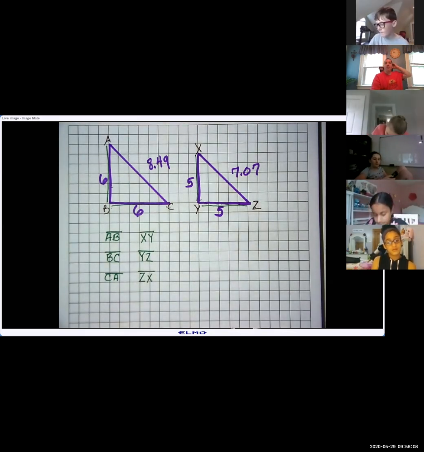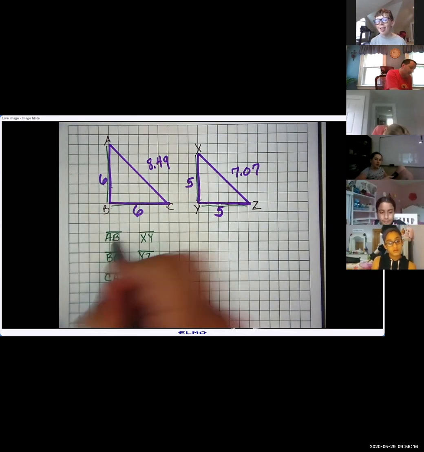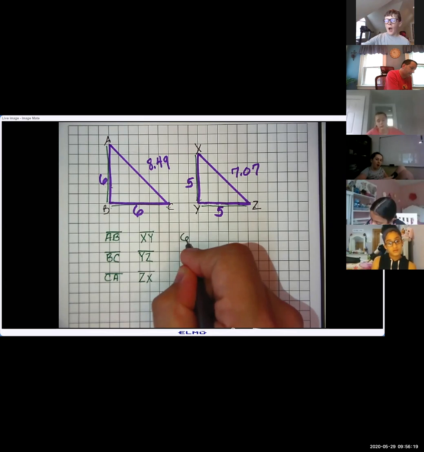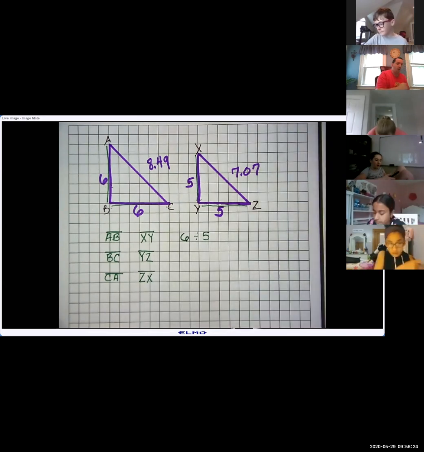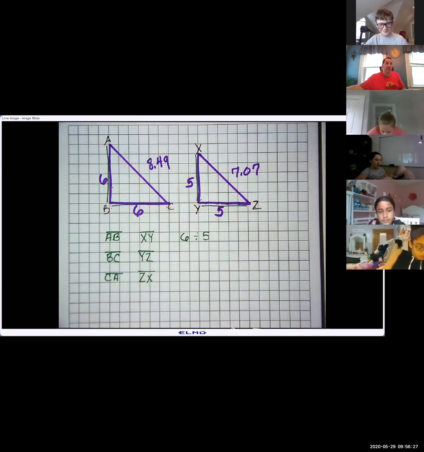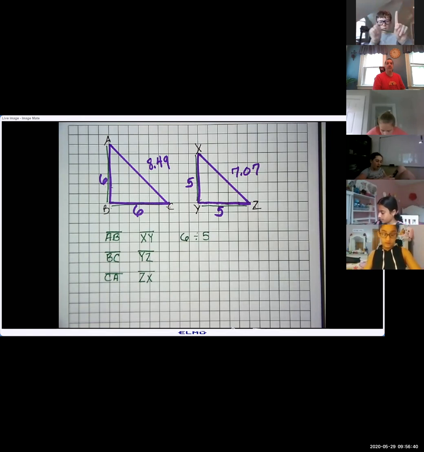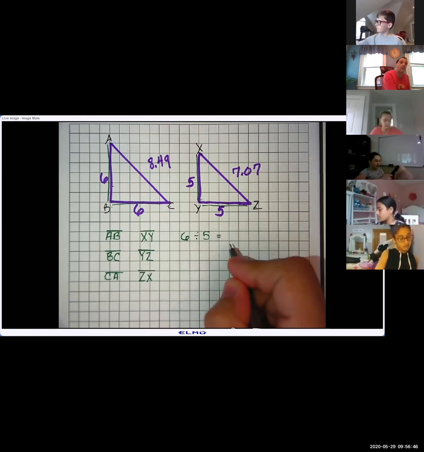Now let's find the ratio for each of those. Let's find out what we get when we divide. AB is 6, YX is 5. What is 6 divided by 5? Use your calculator. 1.2.